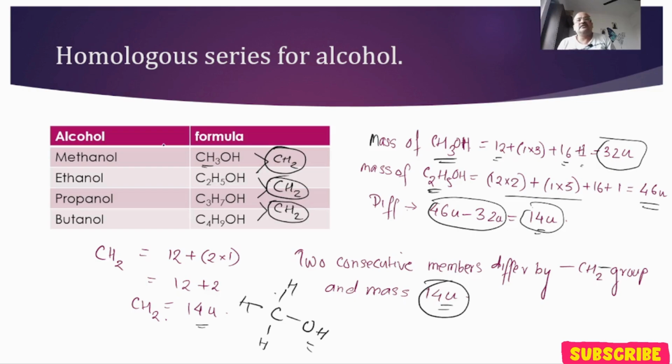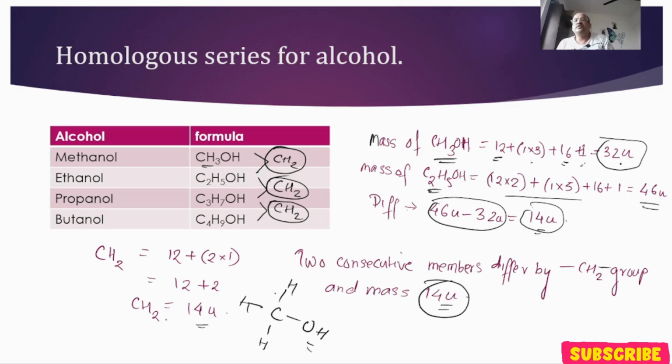Now let us try to find out the mass of methanol. Molecular mass of methanol is how much? Then we need to take the individual atomic masses: carbon, I have put here 12. Then for hydrogen, there are 3, so 3 into 1. Then oxygen 16 and hydrogen again 1. So how much did I get?